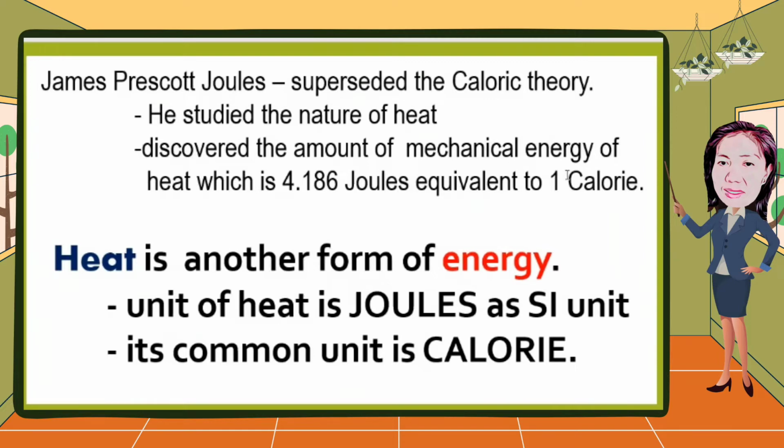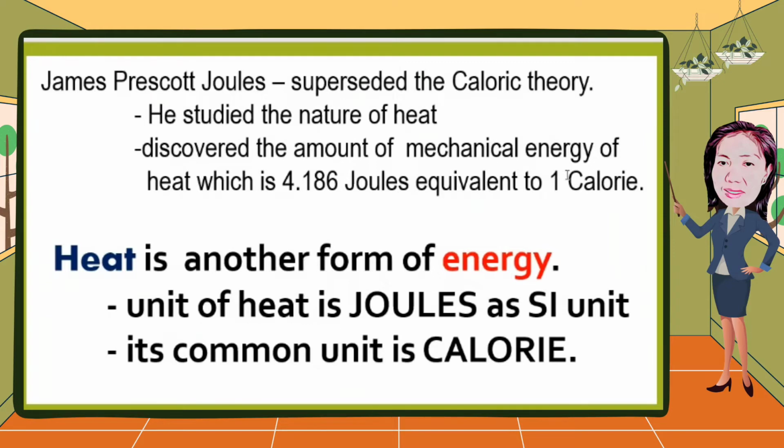He discovered that the amount of mechanical energy of heat, which is 4.186 joules, is equal to 1 calorie. Okay, so therefore we can say that heat is another form of energy. So heat is an energy, and the unit of heat is joules.